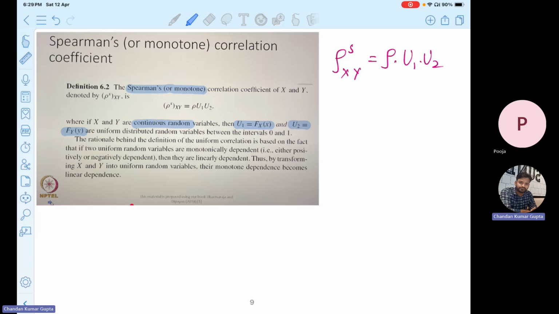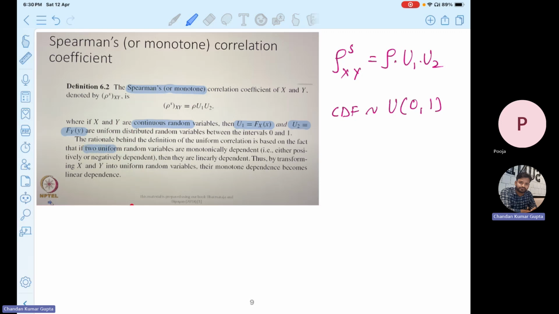We have already learned that the CDF is uniformly distributed between 0 and 1. The reason behind the definition of the uniform correlation is based on the fact that two uniform random variables are monotonic in nature.